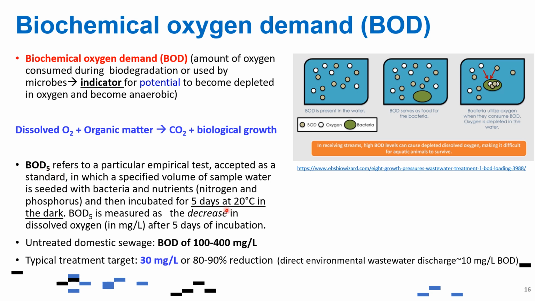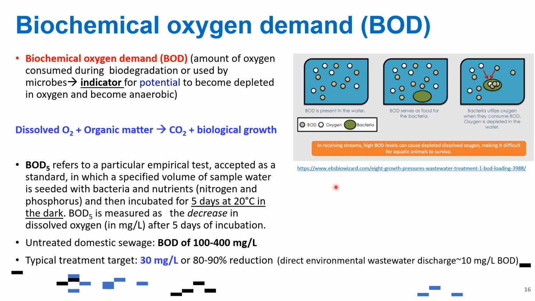You put bacteria together with some nutrients in a container, and then it is incubated for 5 days at 20 degrees Celsius in the dark. Then you measure the decrease in dissolved oxygen in that container after 5 days of incubation. So basically, the decrease in oxygen concentration will be your BOD measurement.